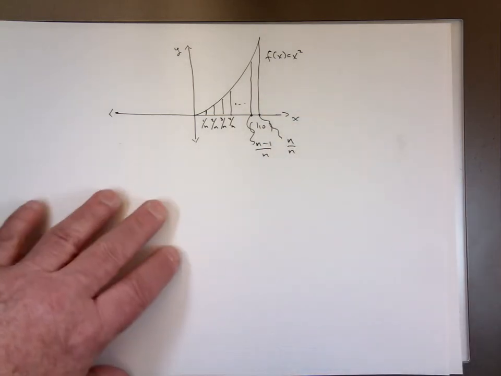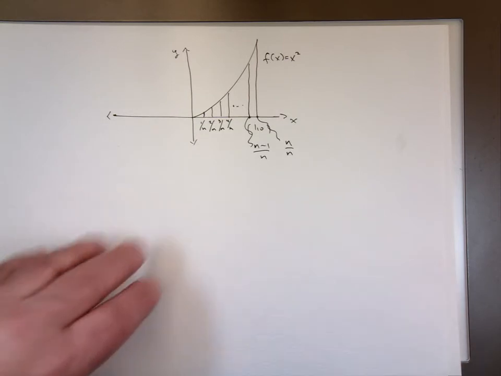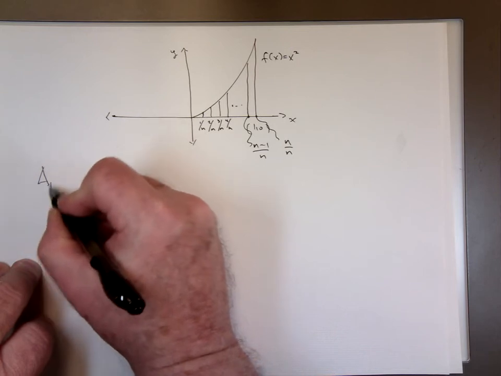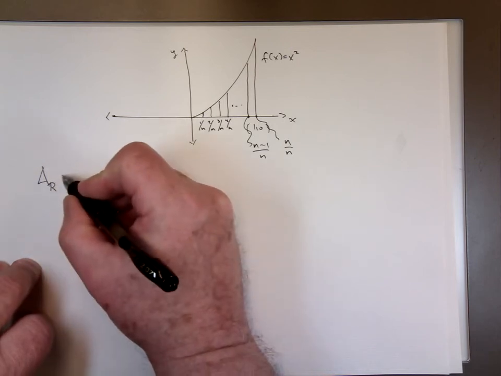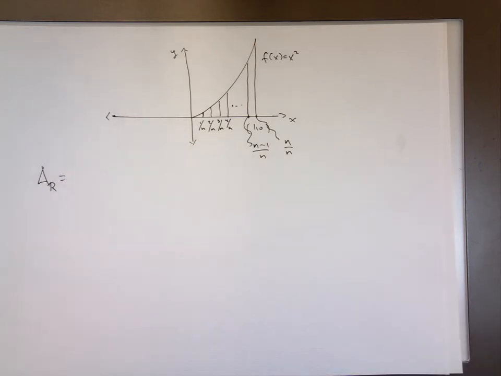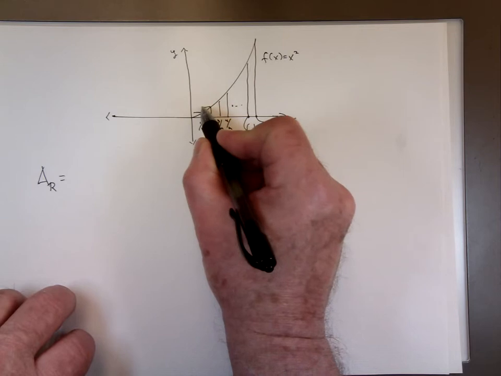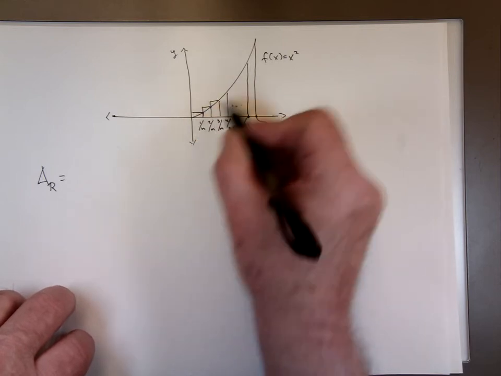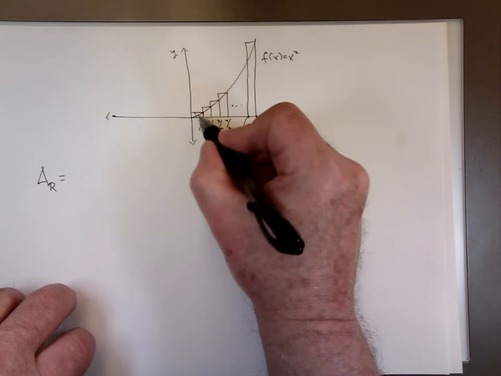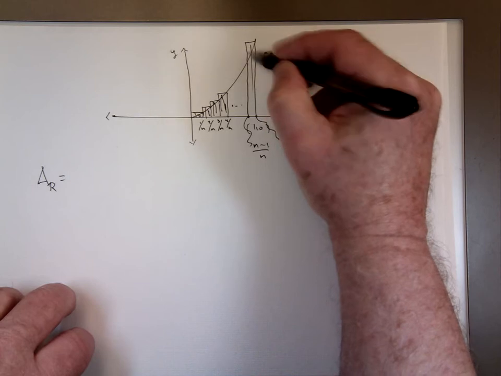You okay with that one? Okay, the area in terms of right endpoints is equal to, now the right endpoint sum. Now I'm taking this rectangle, this rectangle, this rectangle, this rectangle, and finally this rectangle. It is equal to 1 over n.